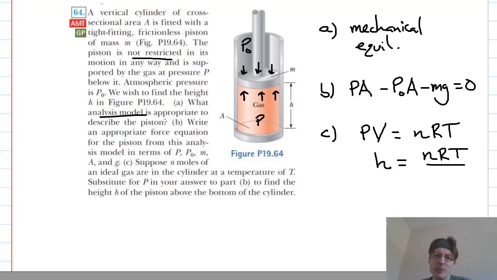And the pressure times the area I can read off from part B. It's just equal to the downward external forces, P0A minus mg. There we go. Notice it was easier, I didn't just solve for P because actually P times A is what ended up in the answer.